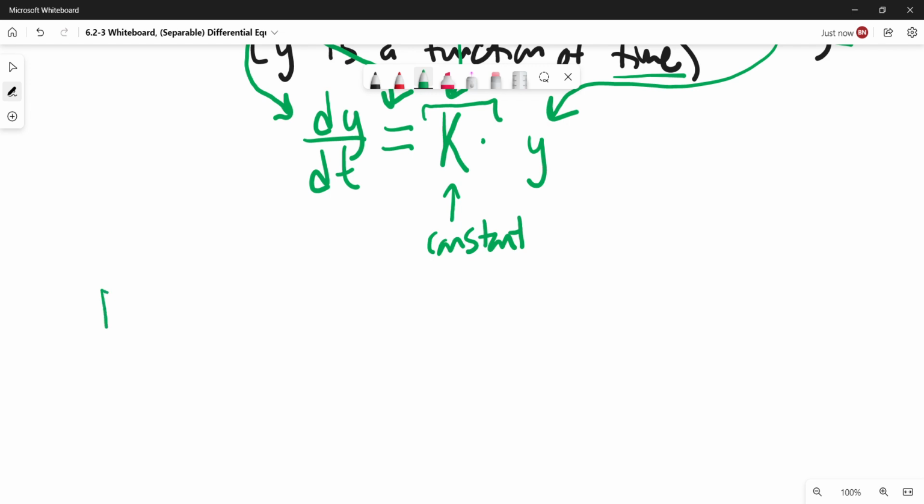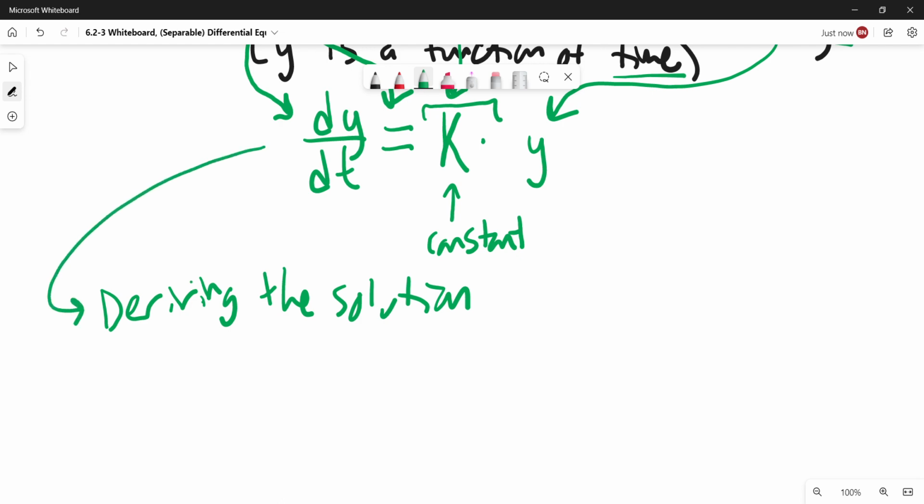Deriving the solution, and you should know how to do this. Now here we don't have x and y, we have y and t. So we're going to put all our y's in one place, and the dy needs to be in the numerator.